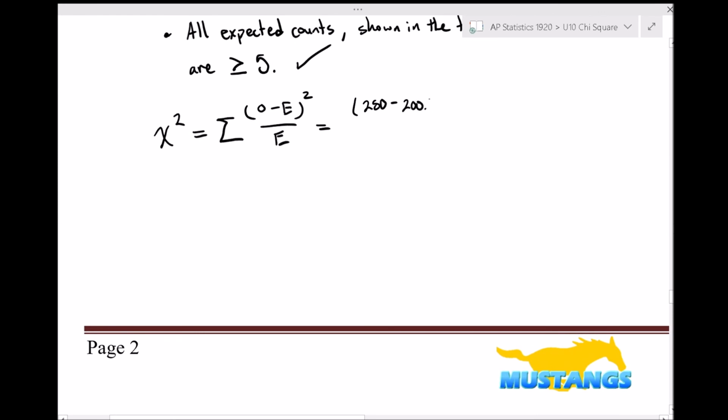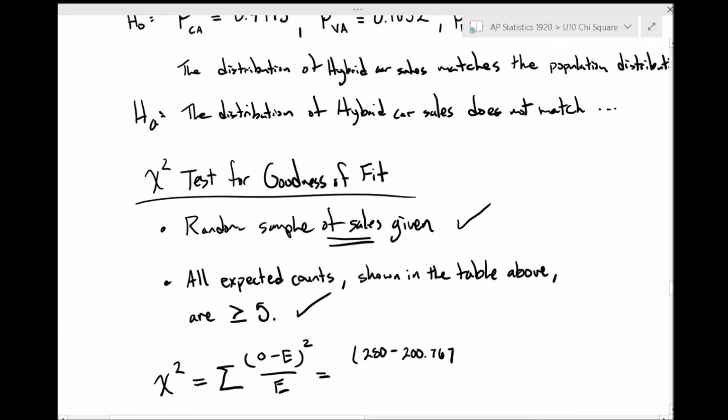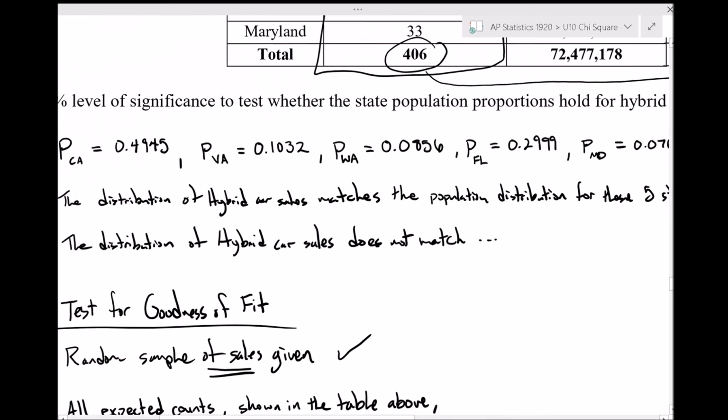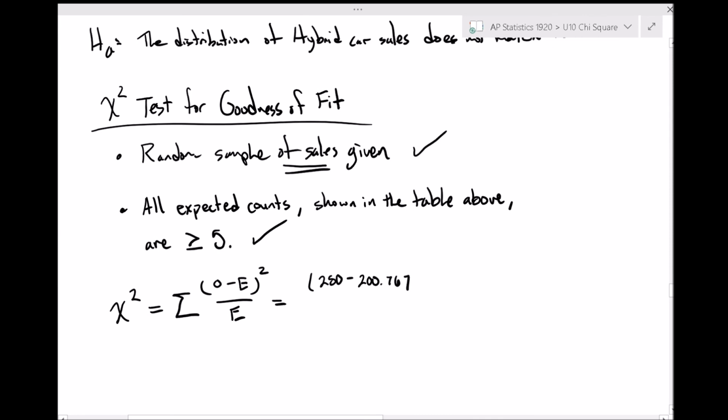Was it 676 or 767? I think it's 767, yeah. Sometimes I say one thing and I'm actually reading another, which is kind of weird. So you square that and then you divide this by the expected 200.767. That's the first fractional quantity that we're going to add in there.